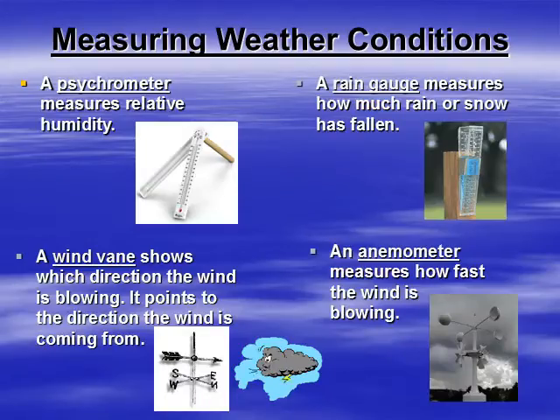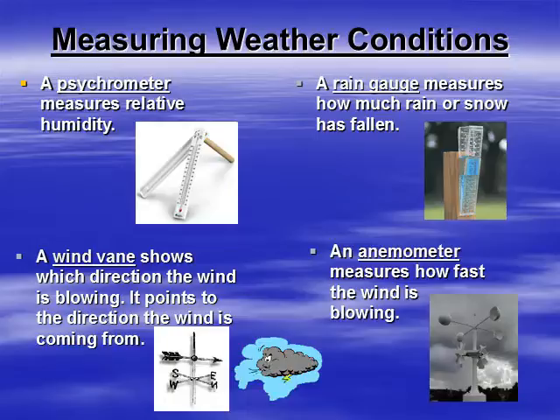So when you measure other weather conditions besides just temperature and pressure, there are some other weather instruments you can use. A psychrometer measures relative humidity. That's how much moisture is in the air compared to how much moisture the air can hold. A rain gauge measures how much rain or snow has fallen. A wind vane shows which direction the wind is blowing.